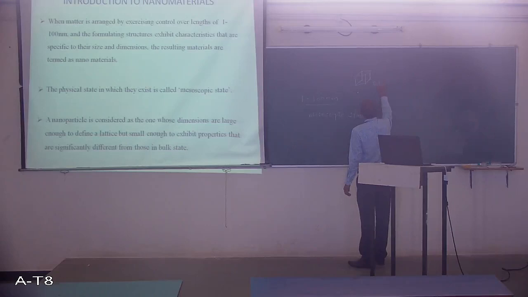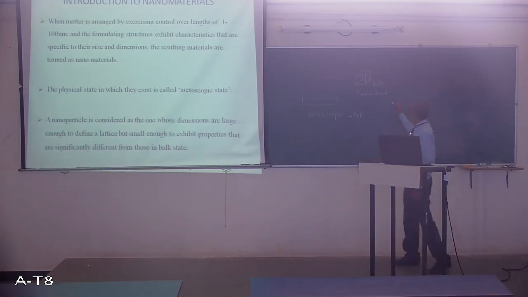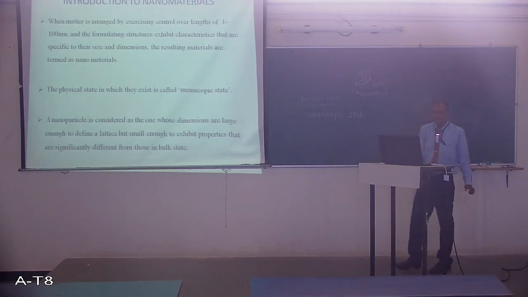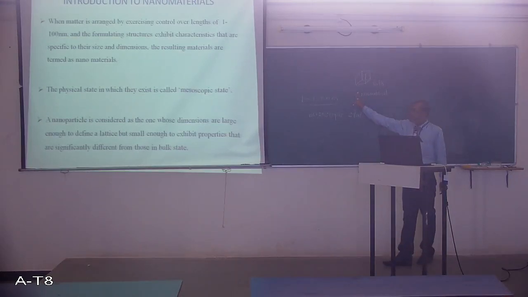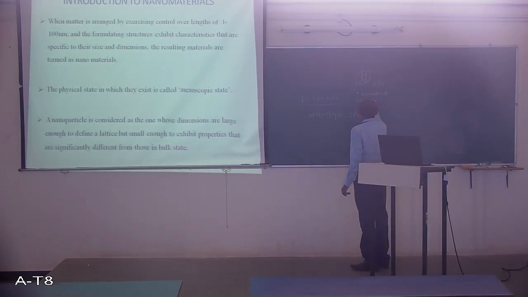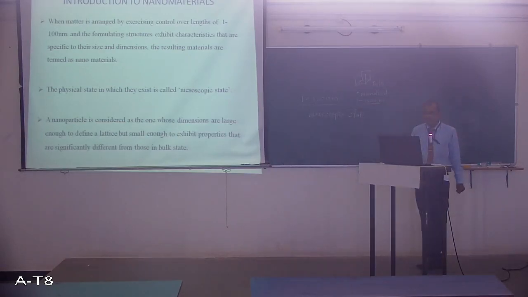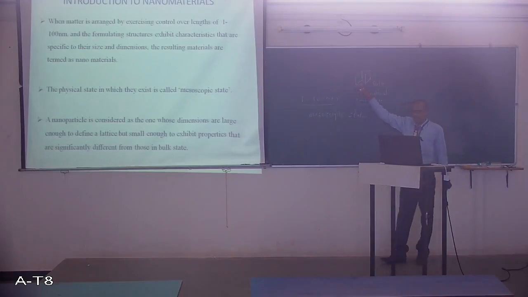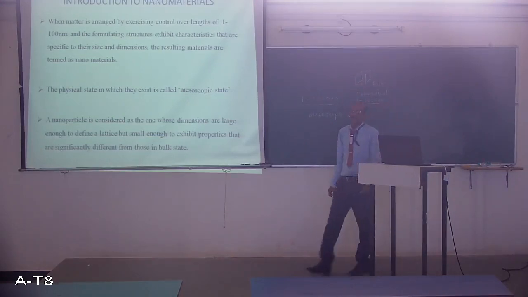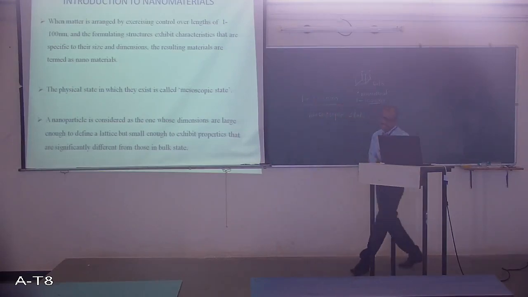This is bulk, this is a nanomaterial, and if we compare the properties, the nanoparticle has dimensions in the nanometer scale, large enough to define a lattice but small compared to the bulk. It exhibits better properties because of its smaller size in the nanometer scale.